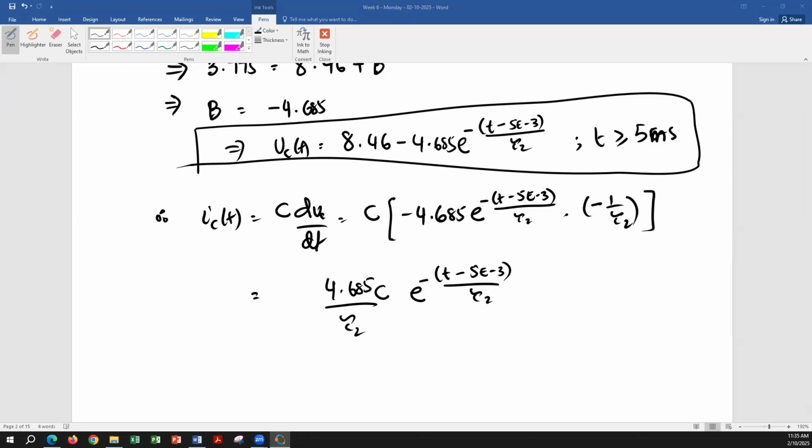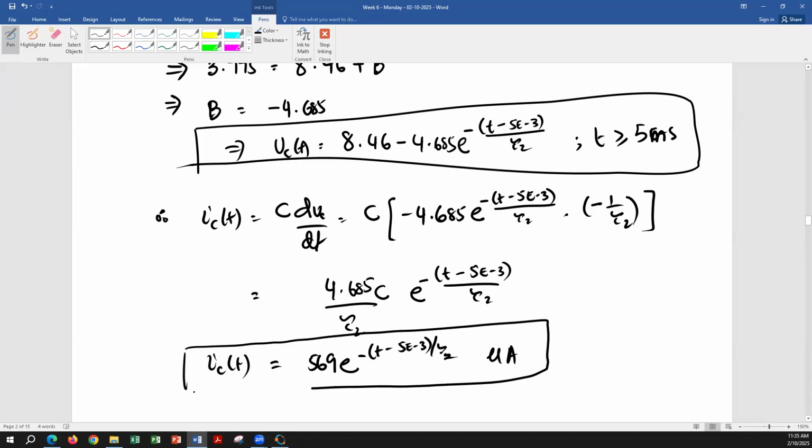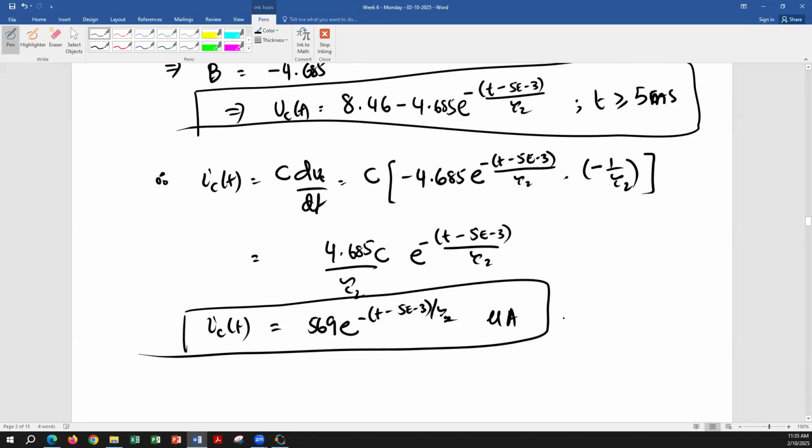This comes to 5.68 exponent negative 4, so 569 microampere. So IC is 569 e to the power negative (t minus 5 millisecond) over tau 2 microampere. We take the derivative of the voltage and write down the current expression.